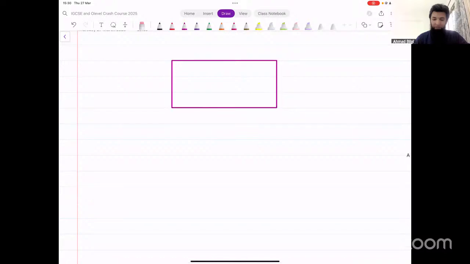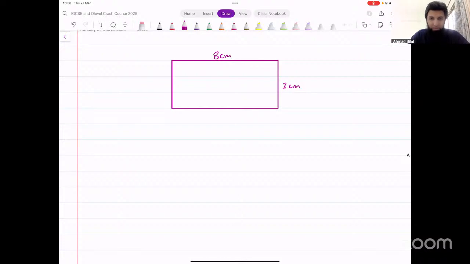You know the length of this rectangle, and you have the width of this rectangle, and you're measuring this length and width using some scale, and you figure out that the length of this rectangle is 8 centimeters, and the width is 3 centimeters. We have a rectangle like this.